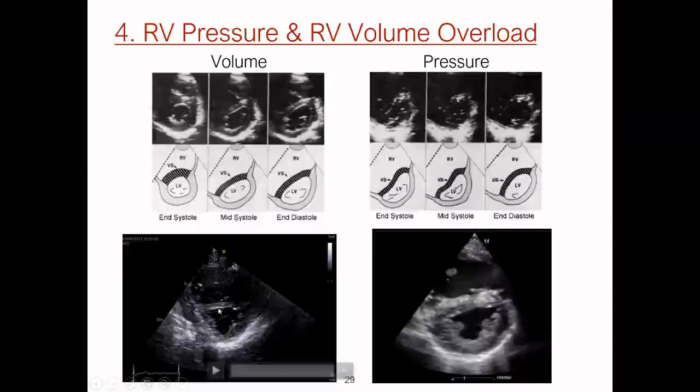So for an ASD, you would usually get a volume overload, then a pressure overload. For RV volume overload, you will usually see a flattening of the interventricular septum in end diastole. And this is because in end diastole, that's when the pressure in the LV is at its least.